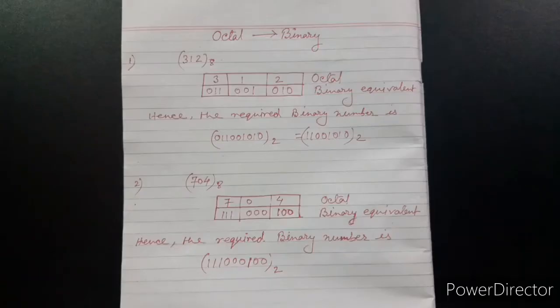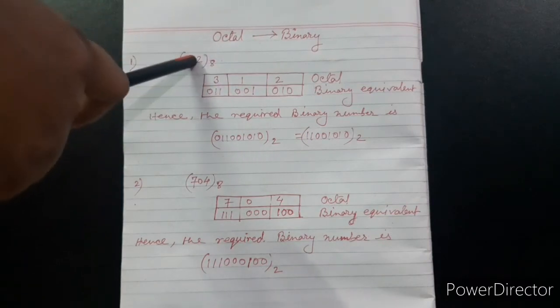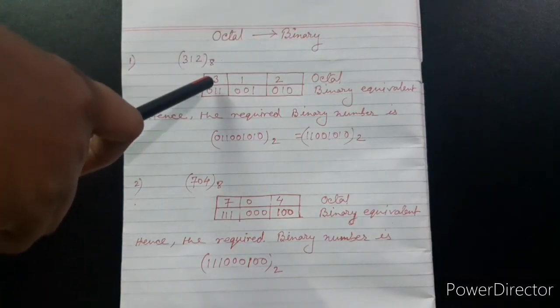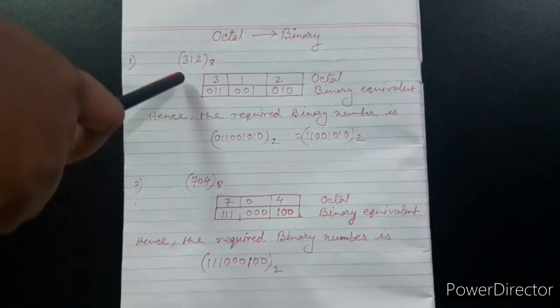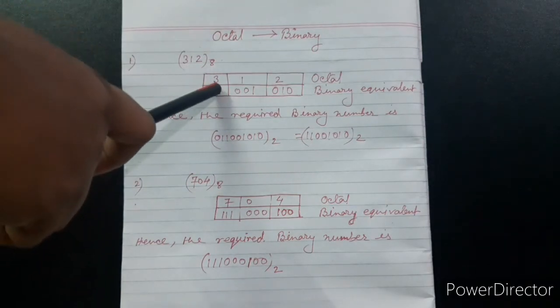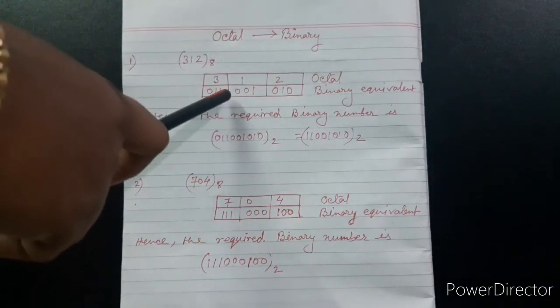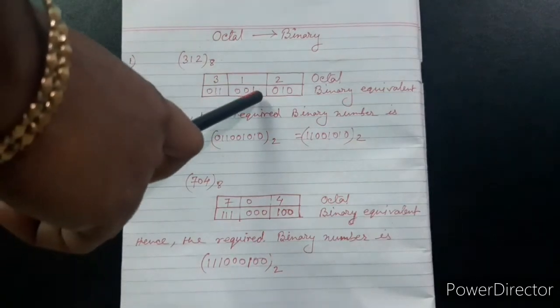Now let's start the octal to binary conversion. The first number is 312. It is an octal number. We just copy the number here and write its binary equivalent. Binary equivalent of 3 is 011. Binary equivalent of 1 is 001.